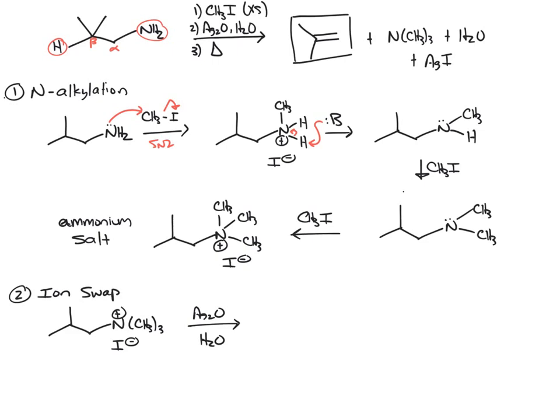Because what actually happens is the silver oxide and water is generating hydroxide, and the silver will pair up with the I minus, take that and form silver iodide precipitate. So it gets rid of the I minus and replaces it with OH minus. So there's our new ion.